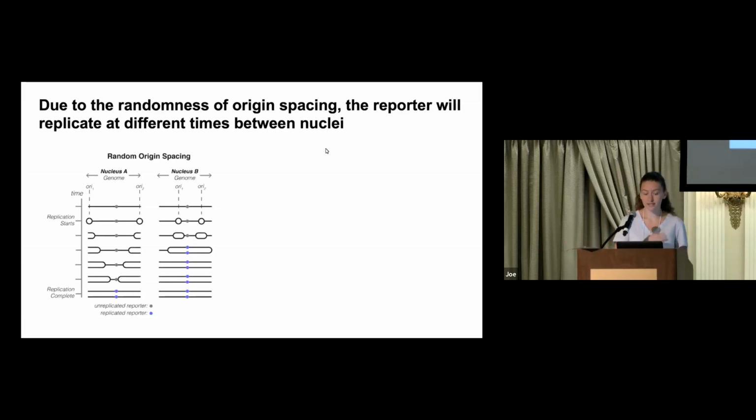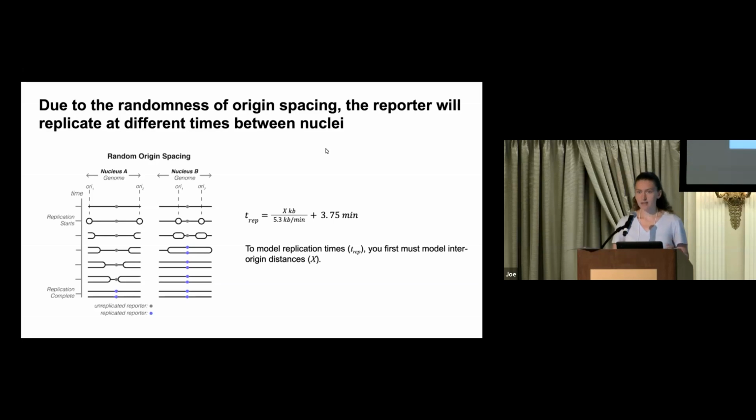Therefore, following the initiation of DNA replication, the reporter takes a long time to complete replication. In an alternative case for nucleus B, the origins of replication fire very close to the reporter. Therefore, the reporter very quickly completes DNA replication following mitosis.